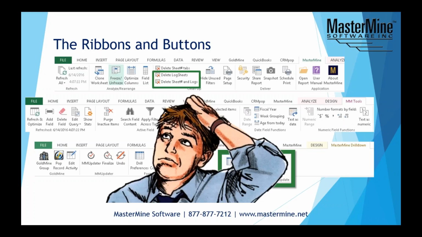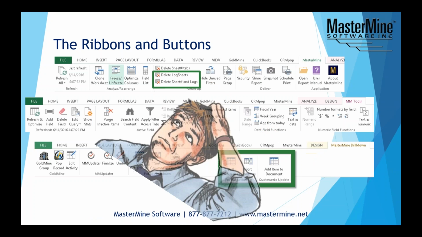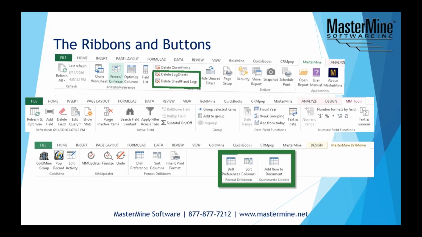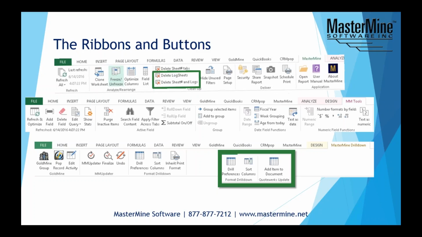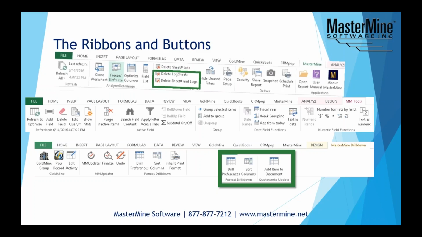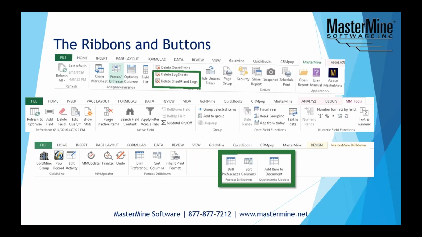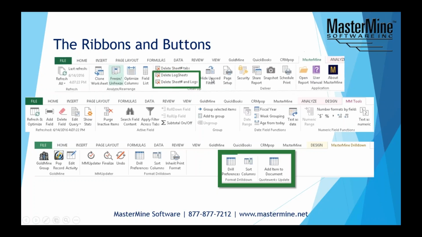We will dive in and actually go into how a lot of these things work, but the first one is your MasterMine tab that's available no matter where you're at in any of your MasterMine reports. If you're on a pivot table, Drilldown Sheet, or whatever, it's always available.